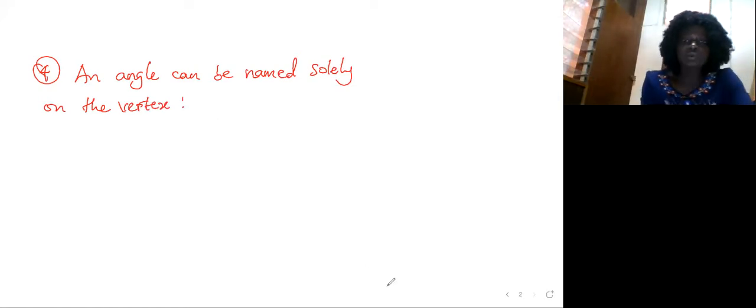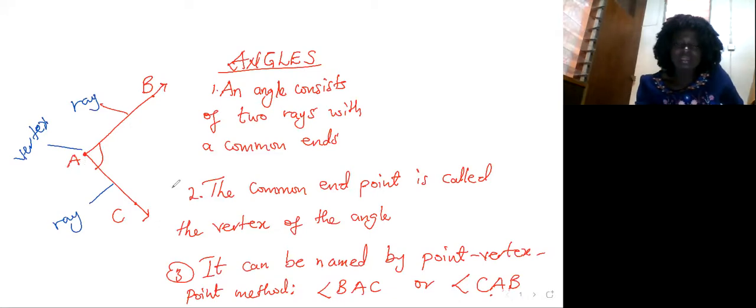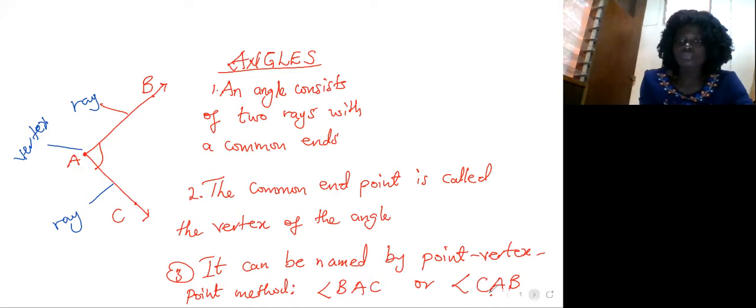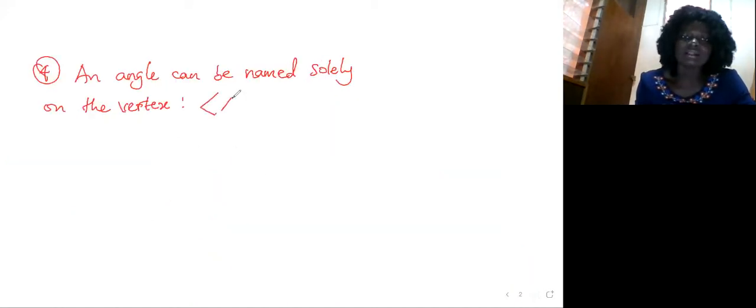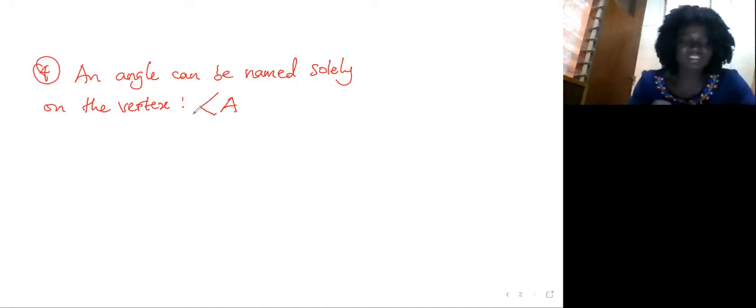So with this one, we have angle A. That is where the meeting point is. So either you name it this way or that way. So angle A, it can be named solely on the vertex.